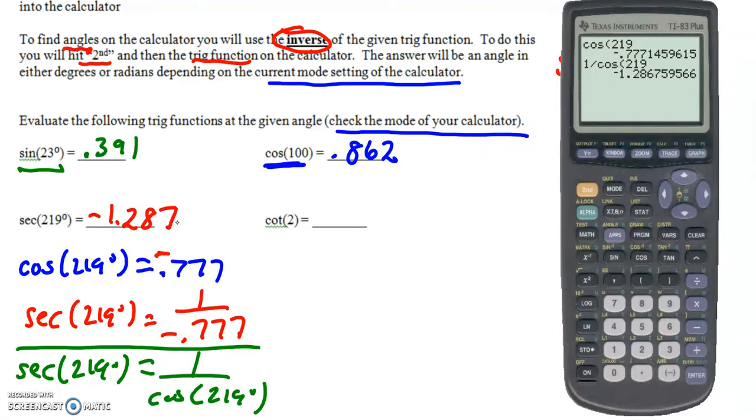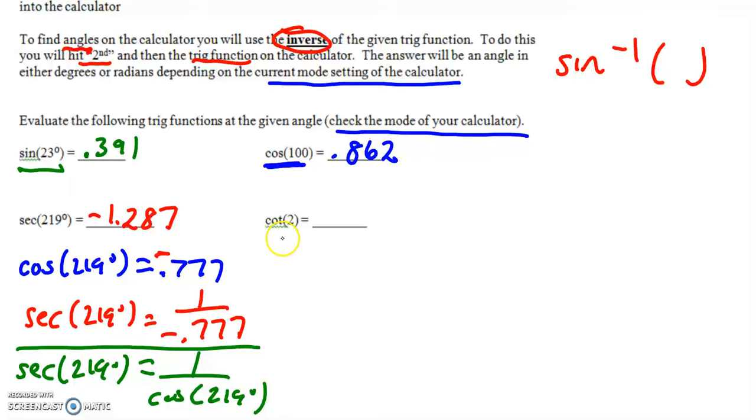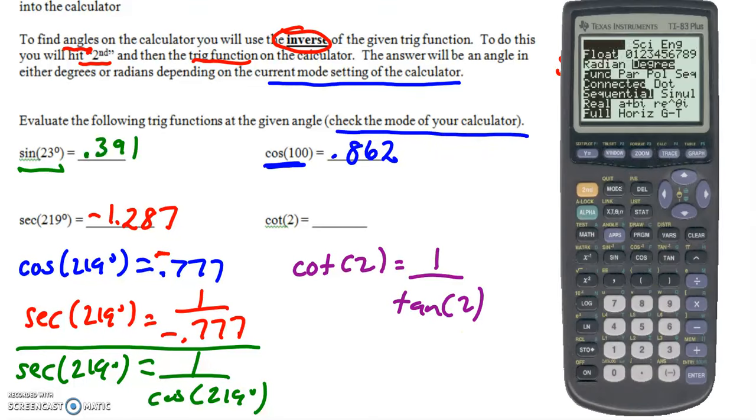With that idea in mind, if I look at the cotangent of 2, I know that I eventually need to change my calculator back to radians, but I'll do that in a minute. I know that the reciprocal function to cotangent is tangent. So what if we thought about it as that the cotangent of 2 is the same thing as 1 over the tangent of 2. And so if I get my calculator back out, go to mode, go down to radian, great.